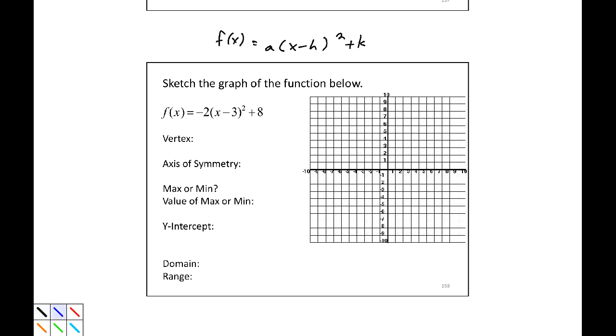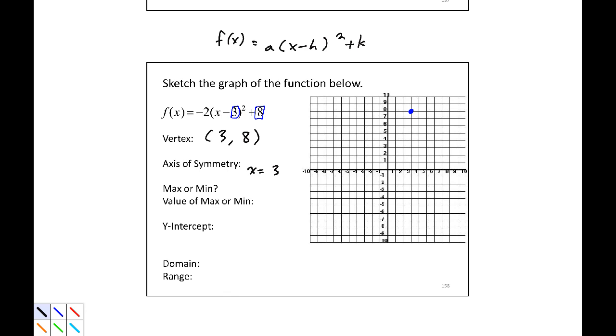So because we have minus 3 and plus 8, our vertex is the point (3, 8). Let's put that point on our graph. Because that is our vertex, our axis of symmetry occurs there, so our axis of symmetry is x equals 3.